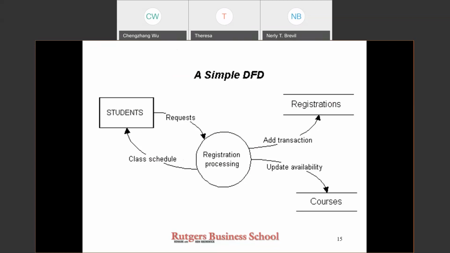And the labeled arrows indicate the flow of data. The logical modeling process described here is commonly used today to develop business information systems. A logical data model is developed employing the ER modeling technique, and a set of logical process models are developed using DFD.